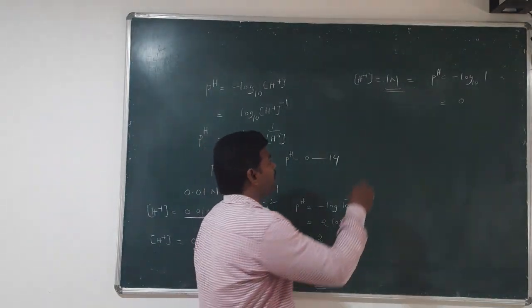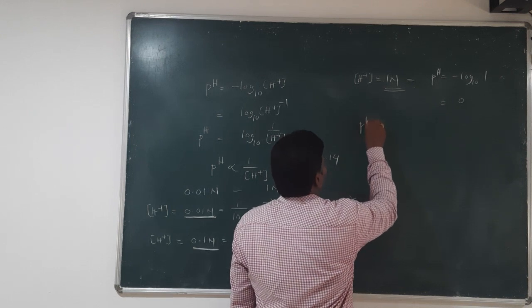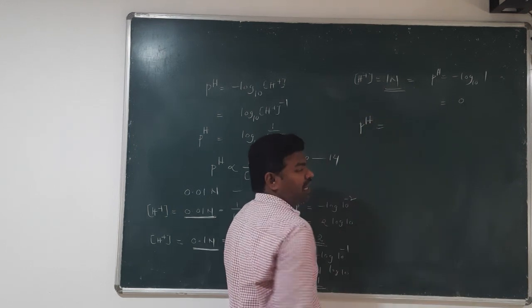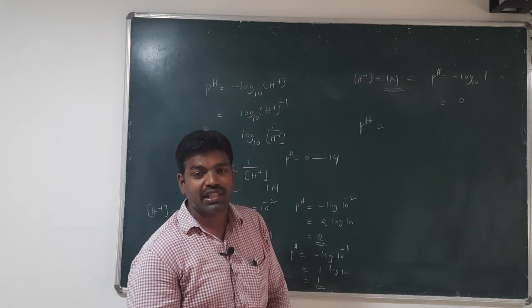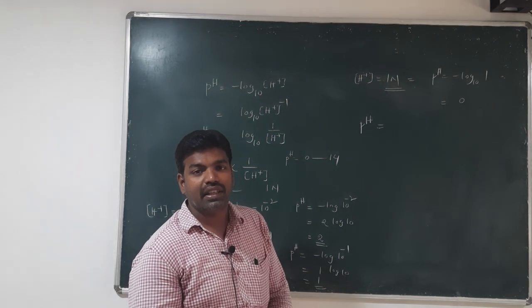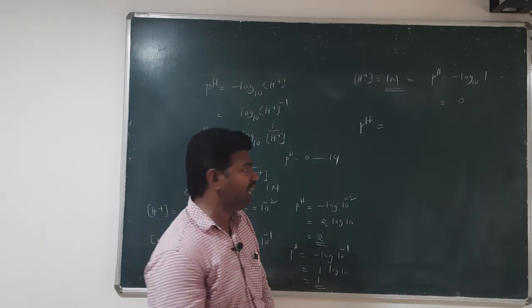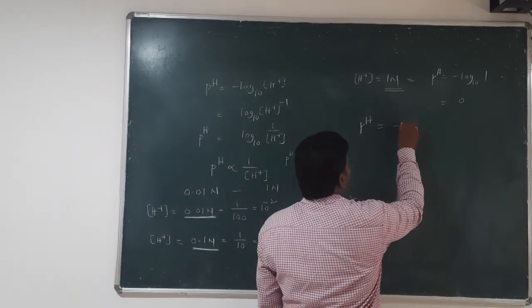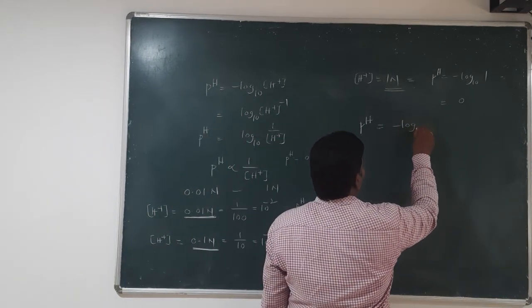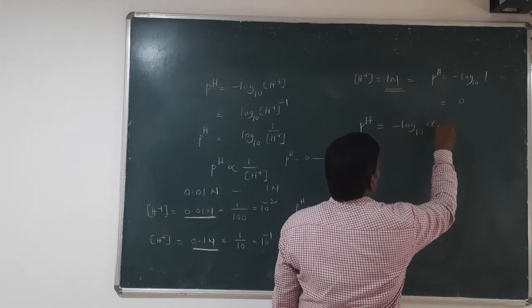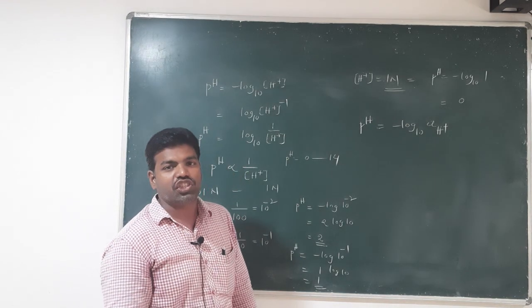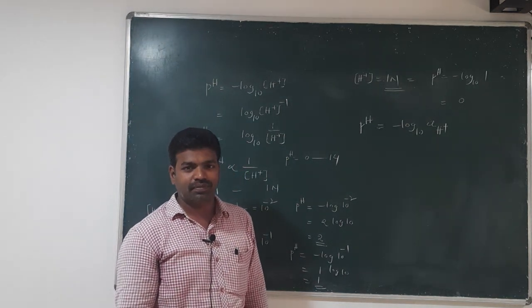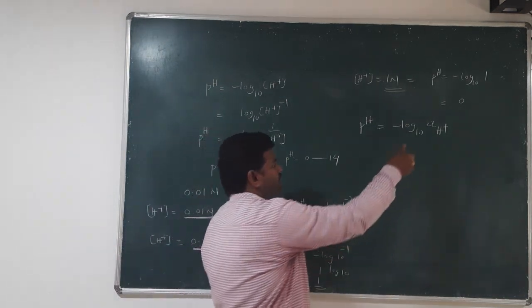The definition of pH for highly concentrated solutions given by Sorensen is that pH is negative logarithm to the base 10 of activity of H plus ions.